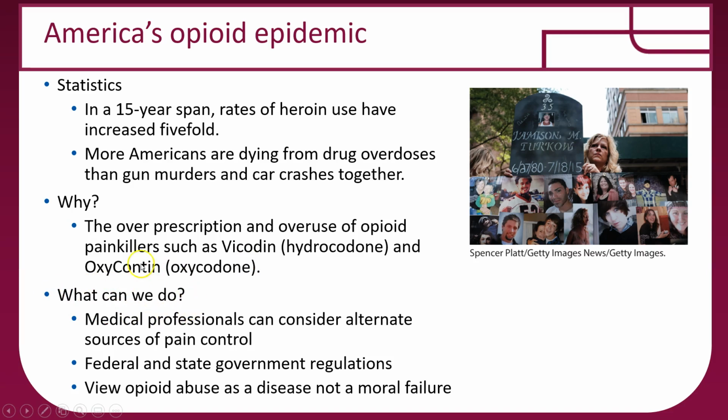What can we do? This is a huge problem. If we had the answer, we would stop it, obviously. But medical professionals can consider alternate sources of pain control, federal and state government regulations, and view opioid abuse as a disease and not a moral failure, helping to get people help for this problem.